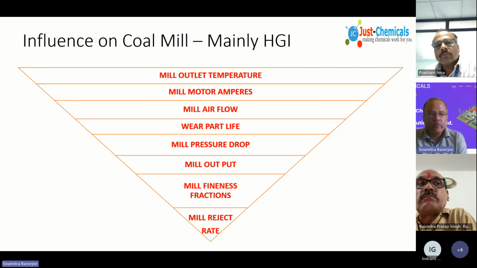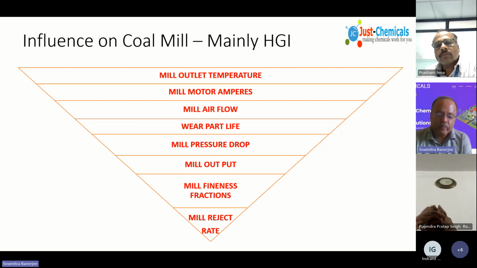The mill pressure drop will be higher. Mill output will be lower. Mill fineness fractions will be difficult to ascertain properly. If the HGI is low, then you will get lower fineness, and the mill reject rate will be higher.